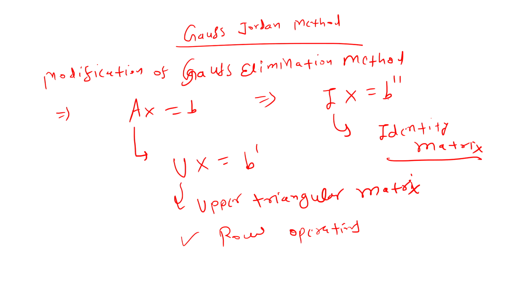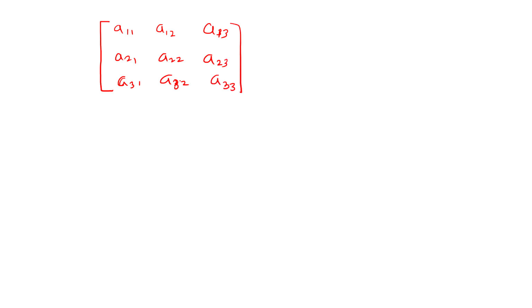Now let us understand how to get this identity matrix from Ax = b. Now I have this matrix system that is given as A11, A21, A31, A12, A22, A32, A13, A23, A33. So this is my matrix A, and then I have this vector x1, x2 and x3, and that is equal to b1, b2 and b3.